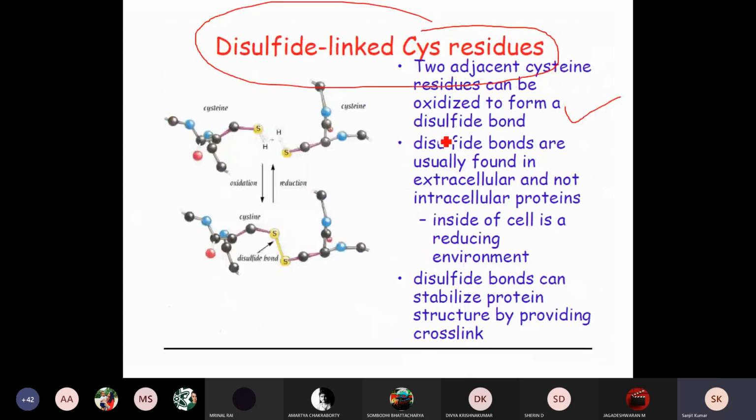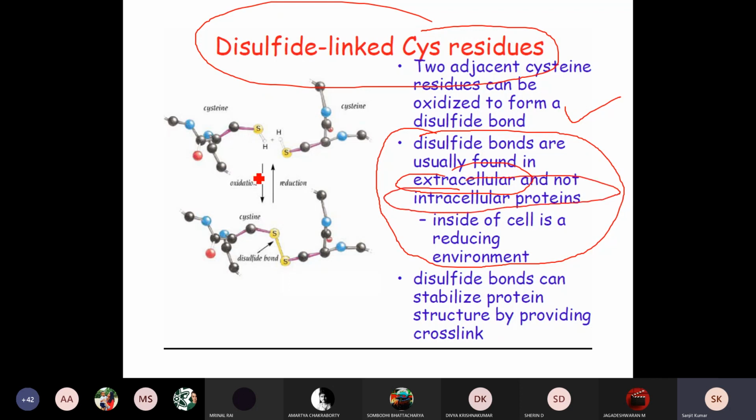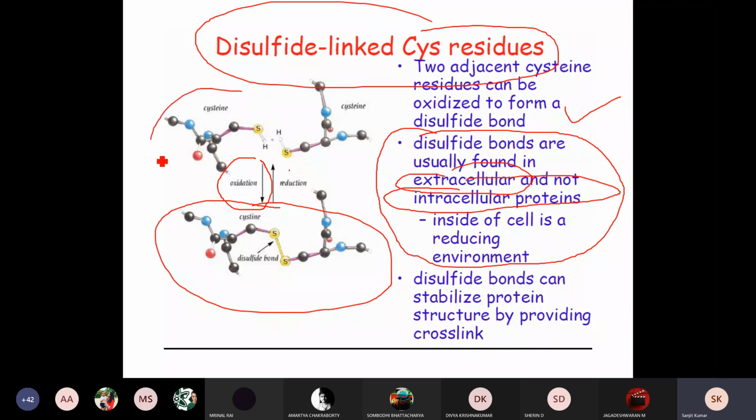Here just see my slide, read my slide, whatever slides I am preparing. Disulfide bonds are usually found in extracellular, not in intracellular proteins; the inside of the cell is a reducing environment. Because in oxidation conditions the disulfide bond forms. In reducing conditions, a disulfide bond cannot form.